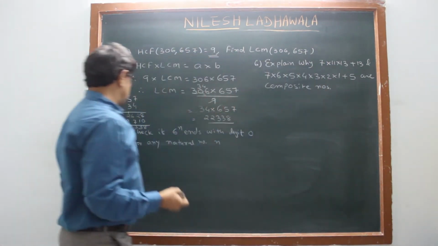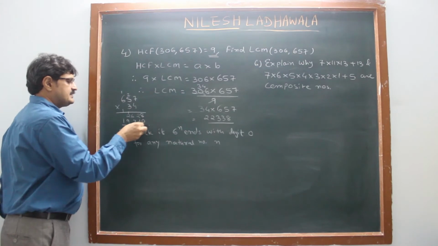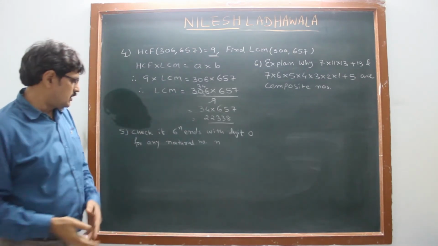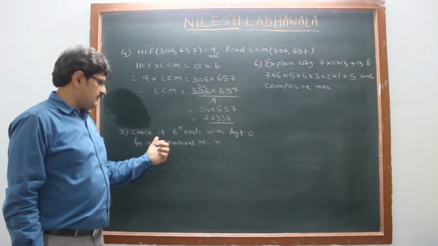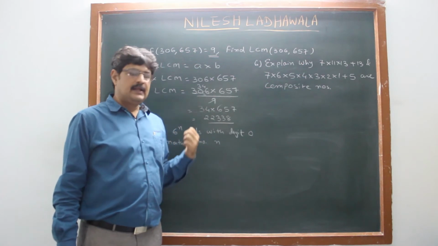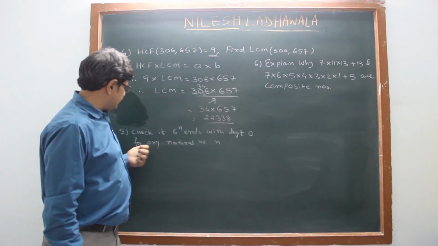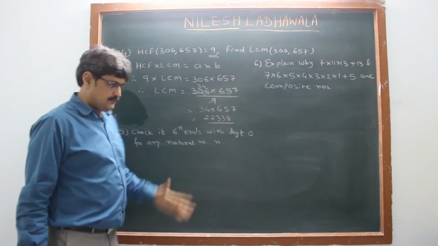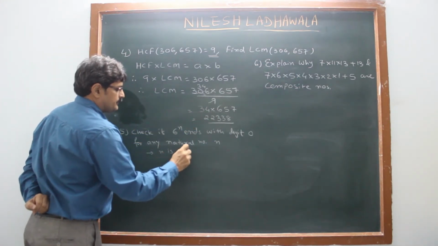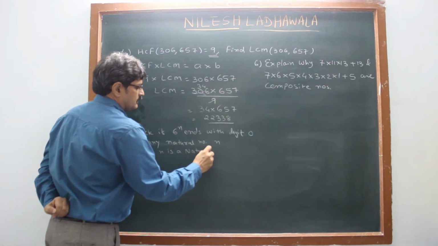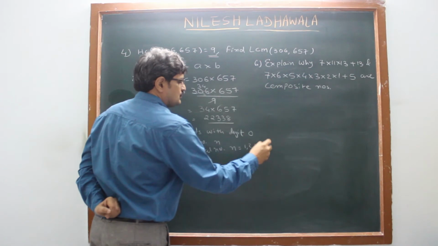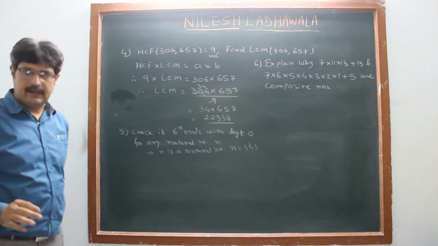Now we have to check if 6 raised to n ends with digit 0 or not. Now we have to take it for any natural number n. Now as we can say that n is a natural number, n may have the values 1, 2, 3, 4, any value it may have.